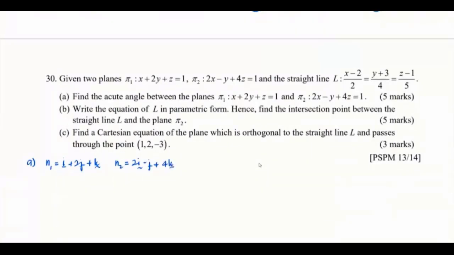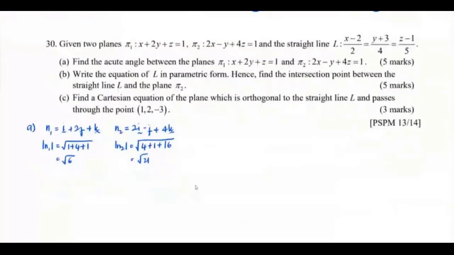Find the magnitude of N1 first: square root of 6. And the magnitude of N2 is square root of 4 plus 1 plus 16, which is square root of 21. So the magnitudes are done. Now we want to find the dot product.